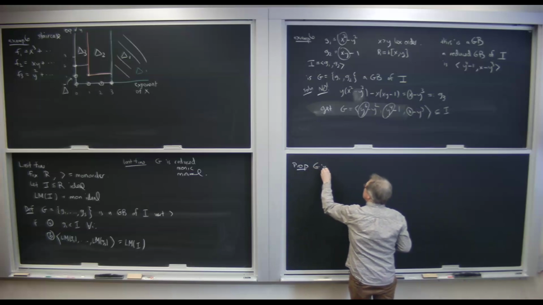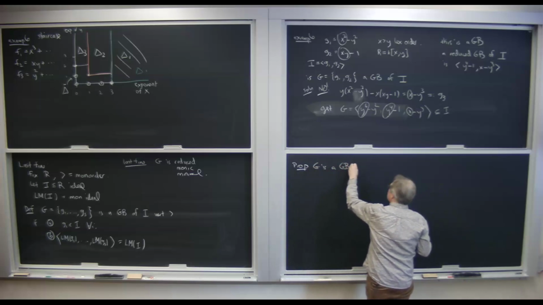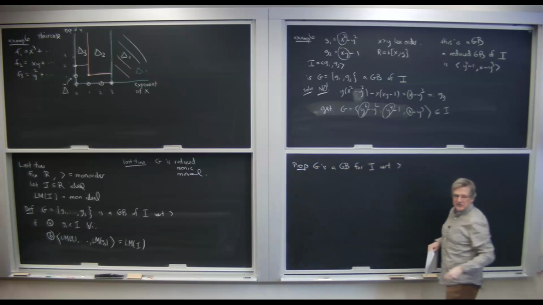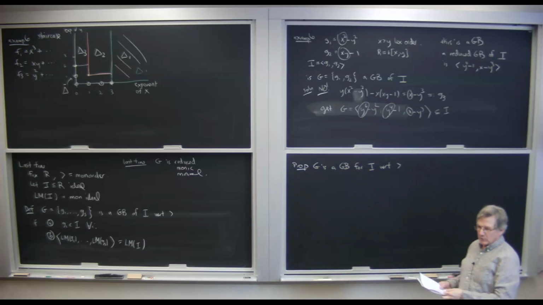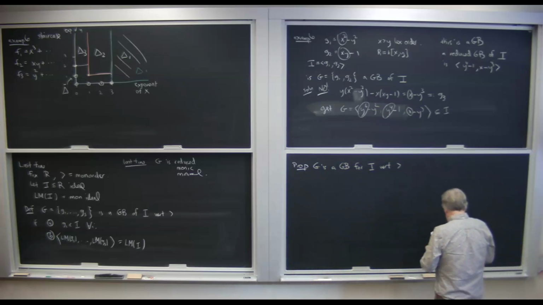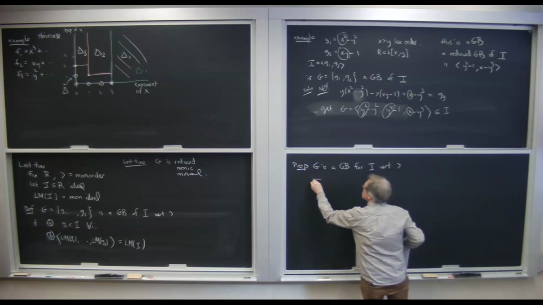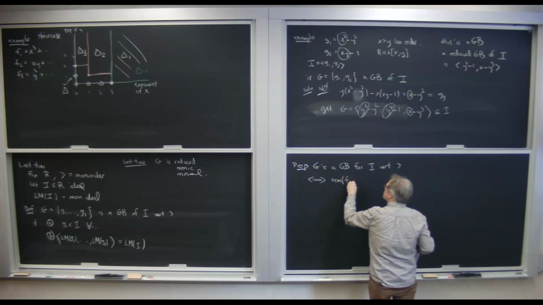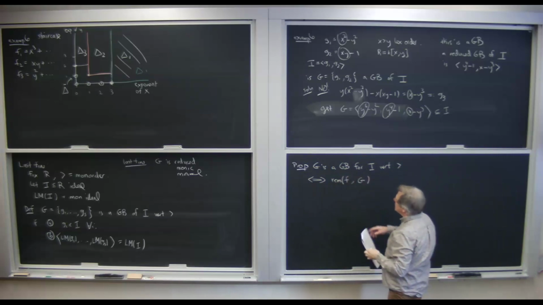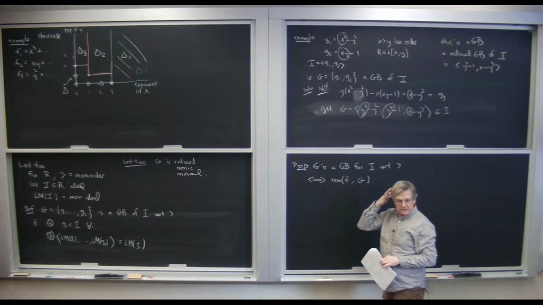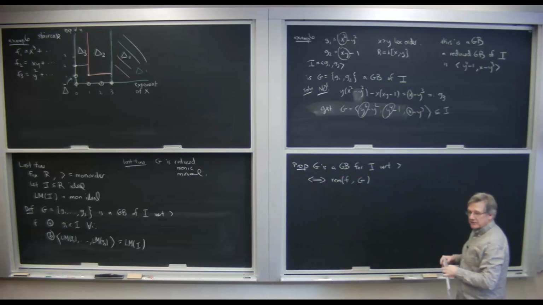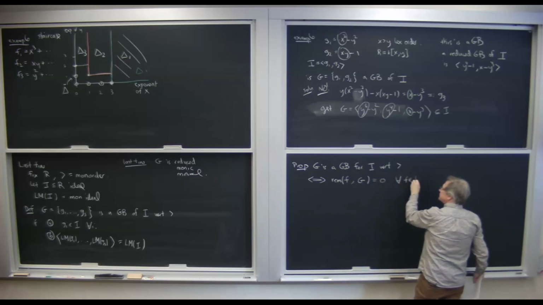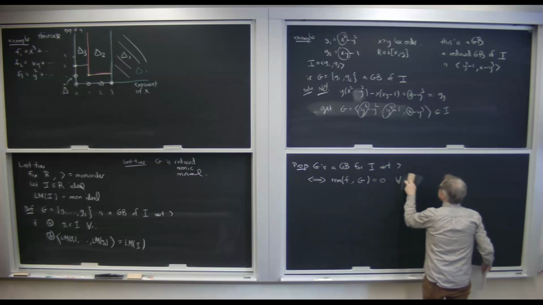G is a Groebner basis for I with respect to some order, where WRT is just with respect to in my world, if and only if the remainder of F with respect to G, and I guess G is ordered here, in fact, it turns out not to matter on the ordering, is equal to 0 for all F in R. No, for all F in I.